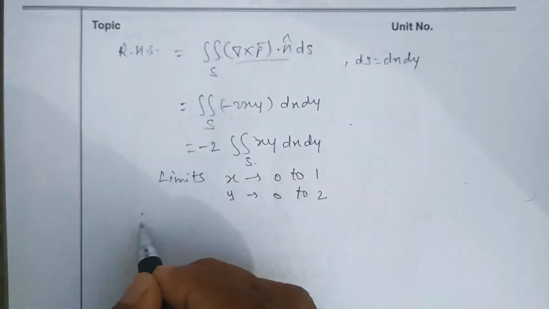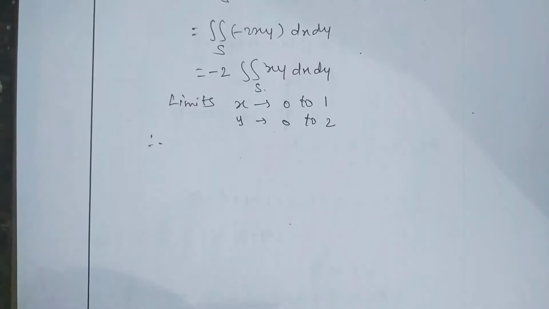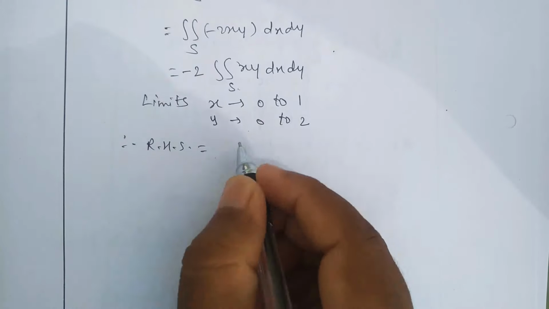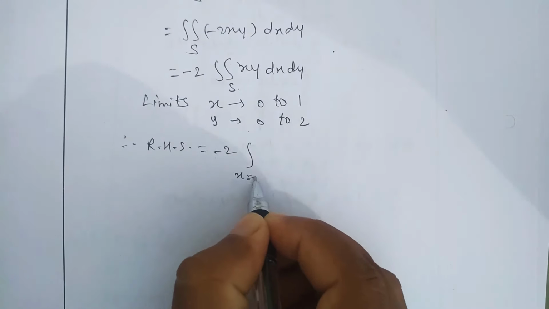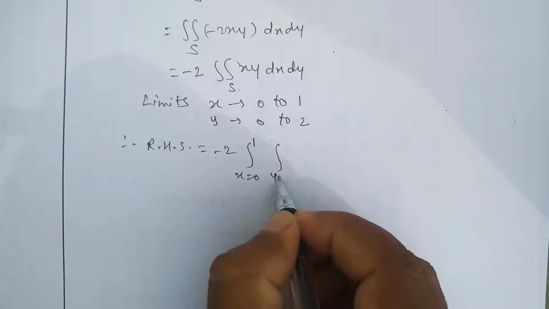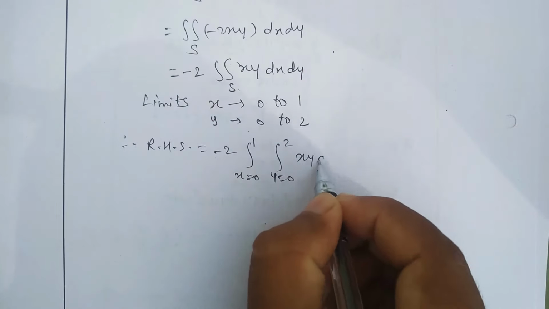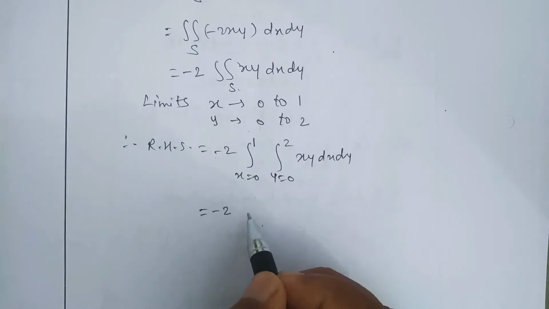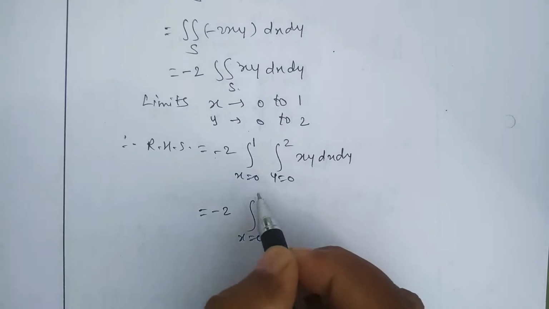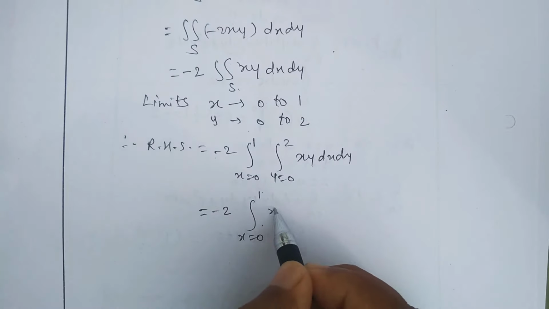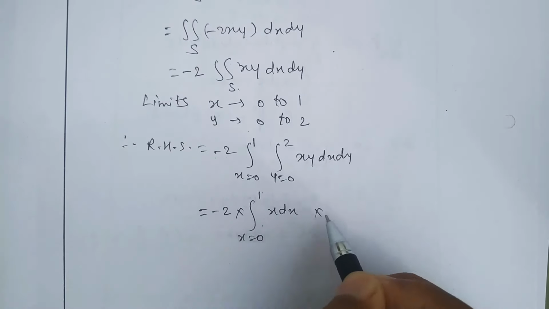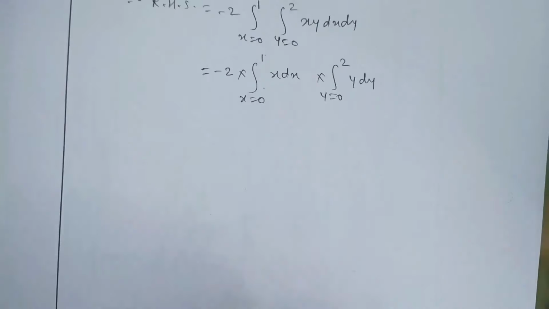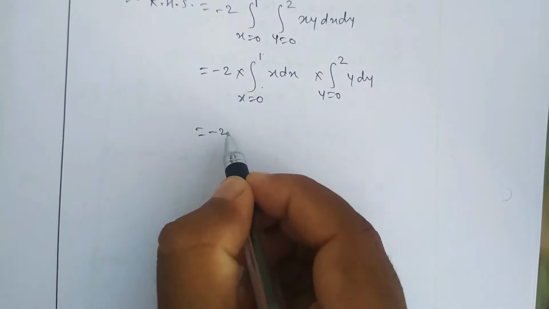Putting these in, RHS becomes minus 2, x varies from 0 to 1, y varies from 0 to 2, xy dx dy. That can be written as minus 2; both limits are constant, so we can separate the integration: integral of x from 0 to 1 of x dx, into integral of y from 0 to 2 of y dy. Now this is equal to minus 2.